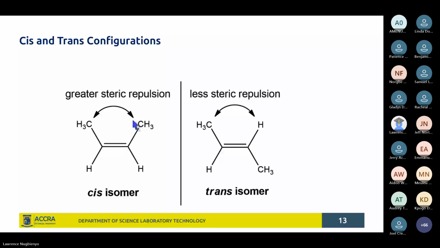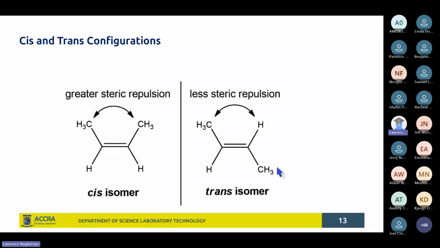And you have the trans configuration, where you have the bulky portions of the molecule at opposite sides, and then you have the small hydrogen atoms also on opposite sides. Of course, in this one you have less steric repulsion, because the bulky sides are not at one side to be having such a repulsion between them.